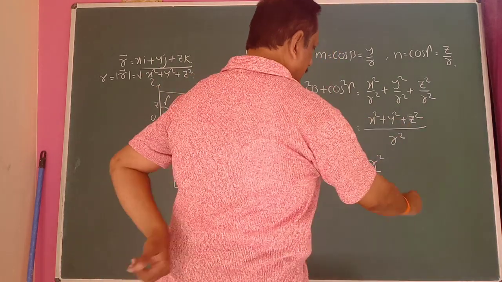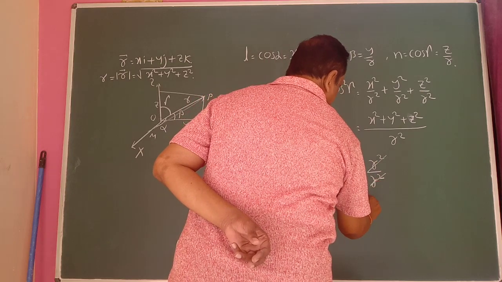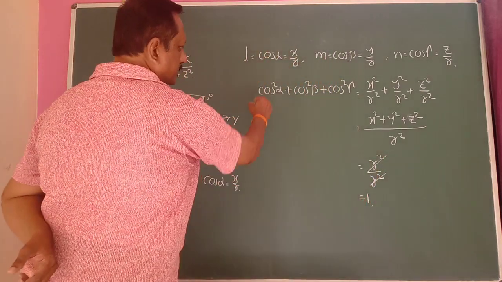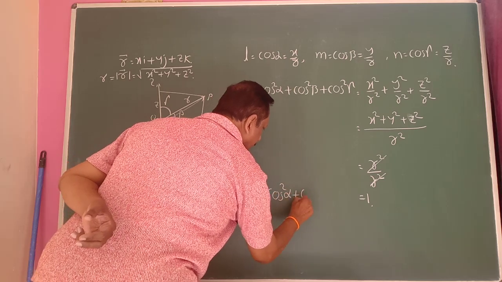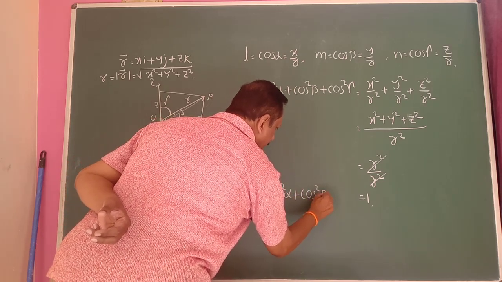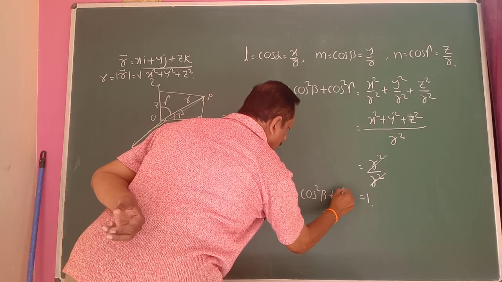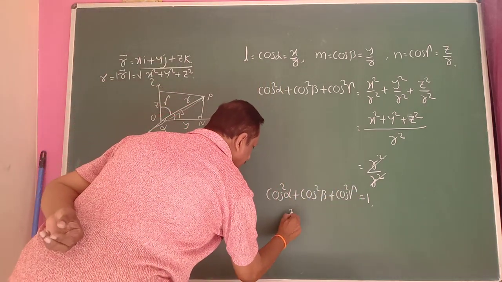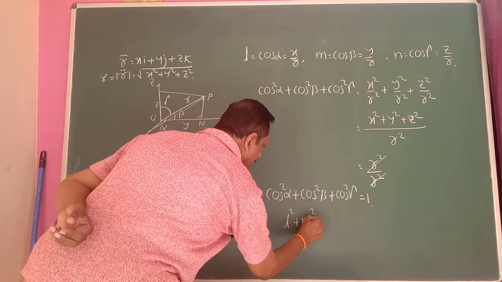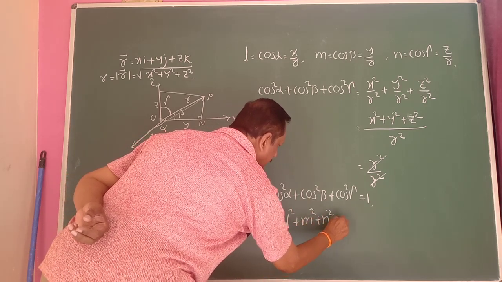Hence r square and r square cancel, remaining cos square alpha plus cos square beta plus cos square gamma is equal to 1. Hence you can take l square plus m square plus n square is equal to 1.